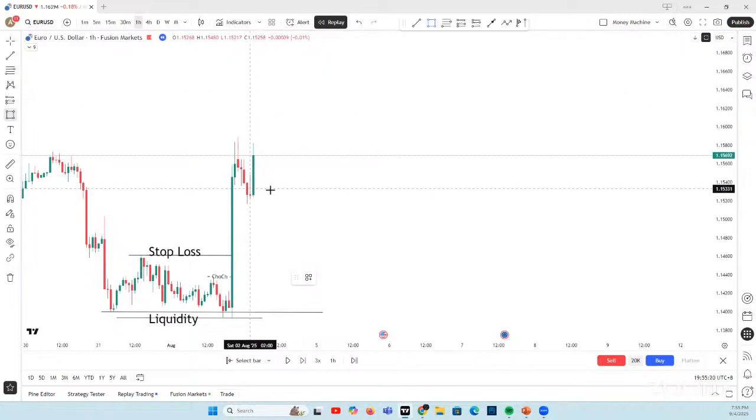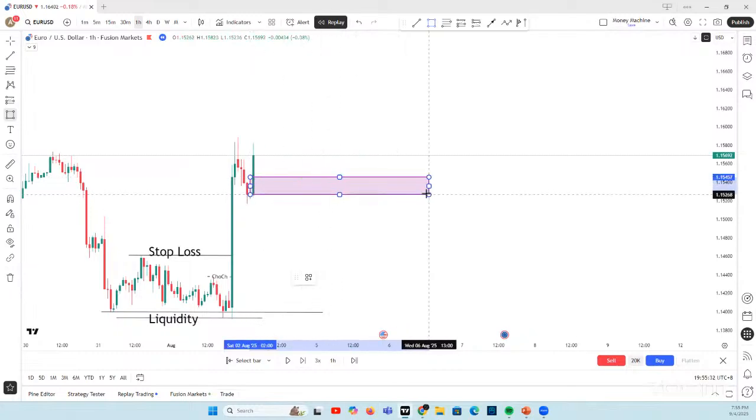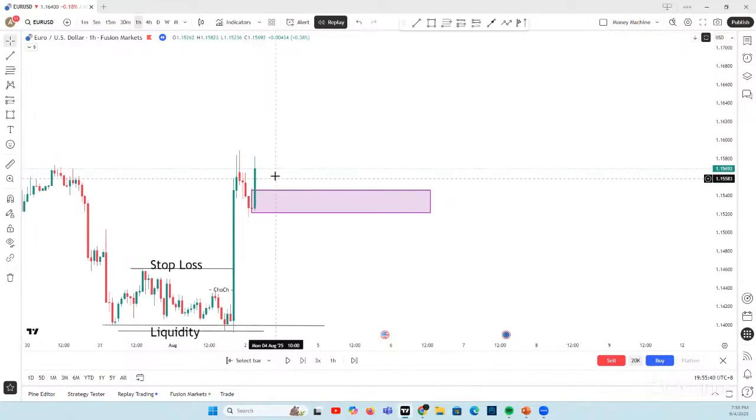It means the sellers are there, the big institutions stepped in, stopping this red candle from going even lower. So this red candle should be now your point of interest. This one. Instead of the FVG, it made this order block.